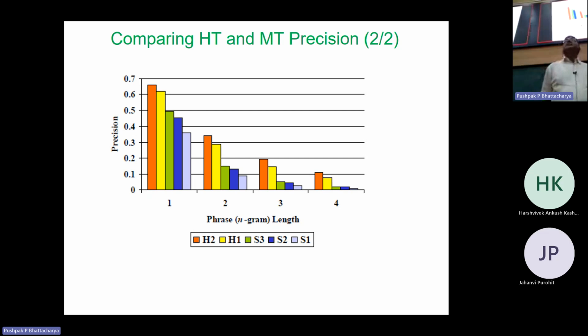And one unigram mismatch gives rise to how many trigram mismatches? 3? Right? 3. So this is this percolating effect. And therefore, as unigram precision decreases, the bigram and trigram and quadrigram values also decrease quite drastically.